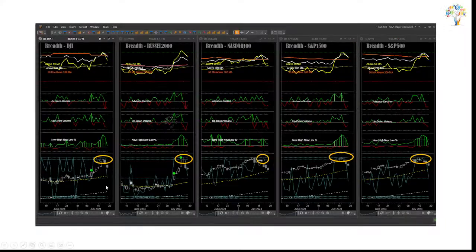And in the major indexes too. And notice here Dow Jones Industrials, Russell 2000, Nasdaq 100, S&P 1500, S&P, all of them hit 3-month new high low. I was turning bearish with reversal setups.